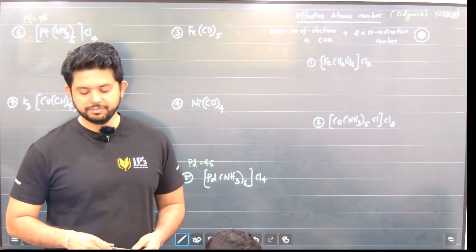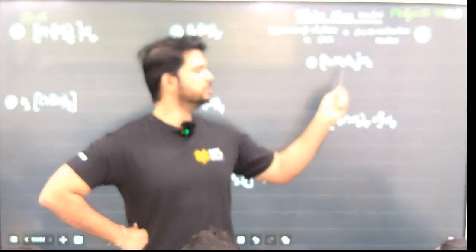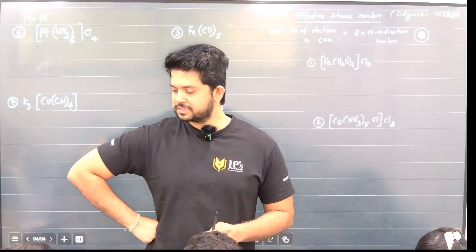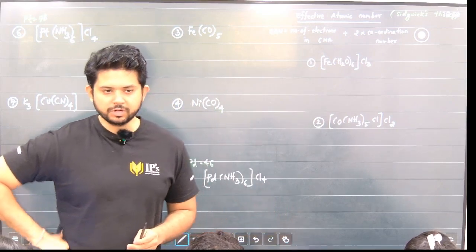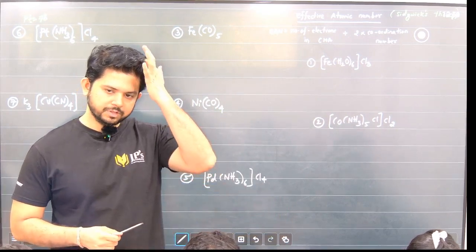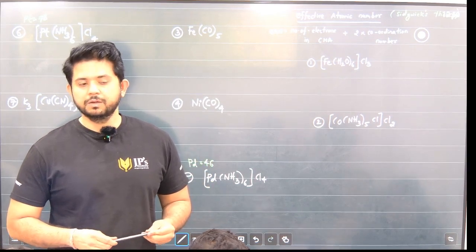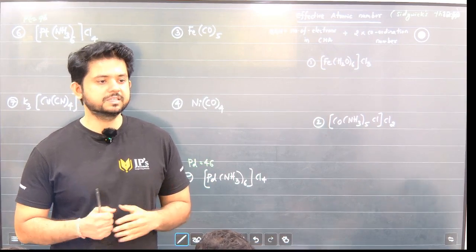Now, let's understand what exactly is effective atomic number. For example, over here, what's the coordination number? 6. Aqua is a monodentate. There are 6 H2Os, so we have coordination number 6. But why only 6?